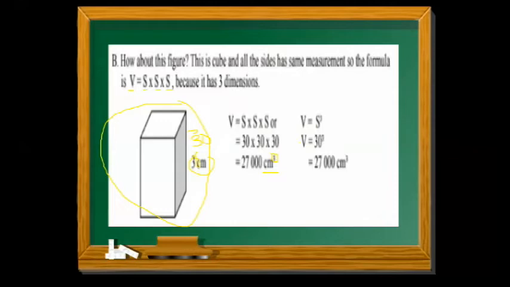V equals 30 to the power of 3, so we multiply 30 three times: 30 times 30 times 30, which is the same, 27,000 cubic centimeters. So remember, class, for a rectangular prism we multiply the 3 numbers, and for a cube, we multiply the number by itself 3 times. It is that simple.